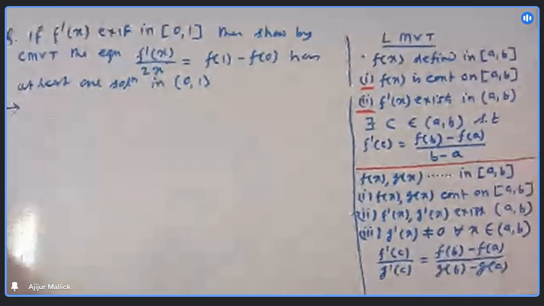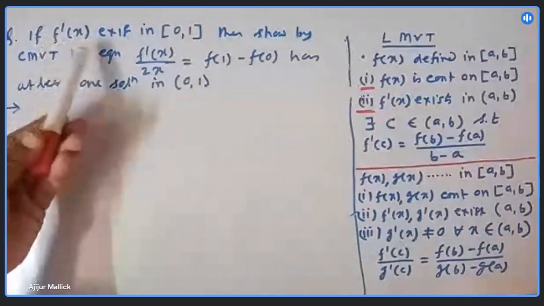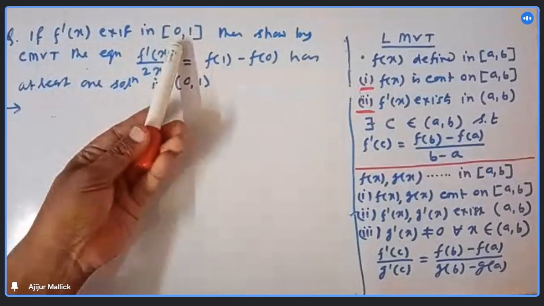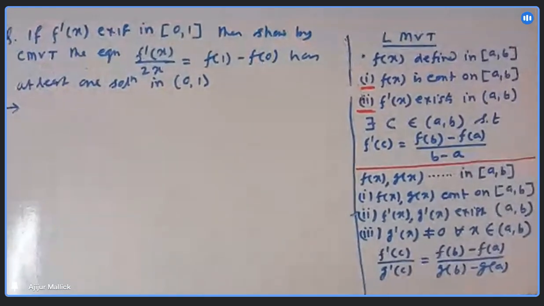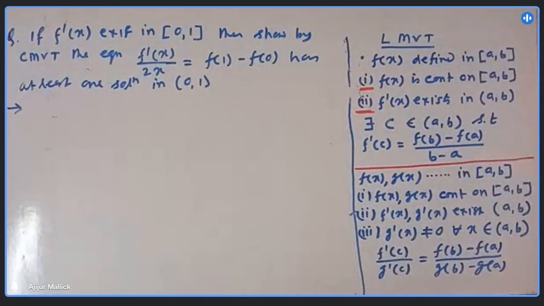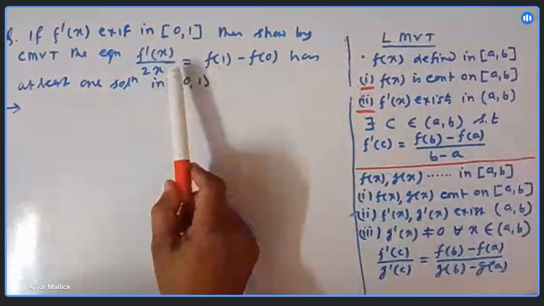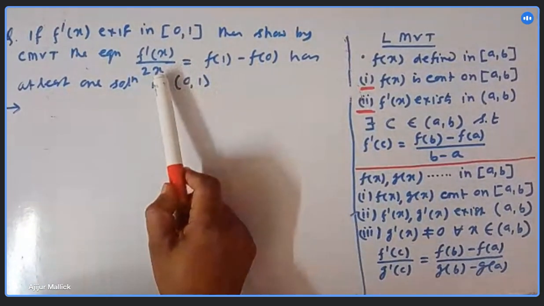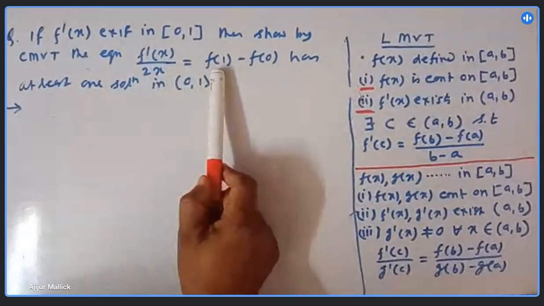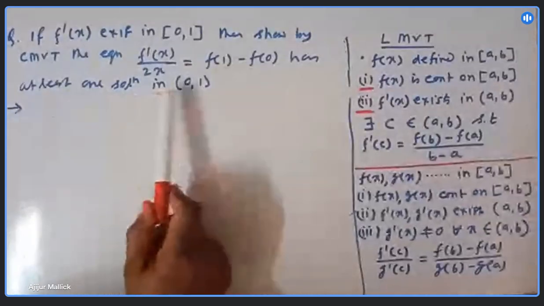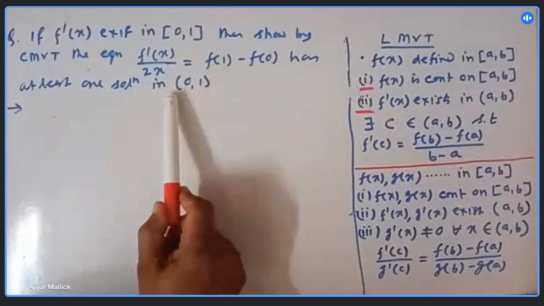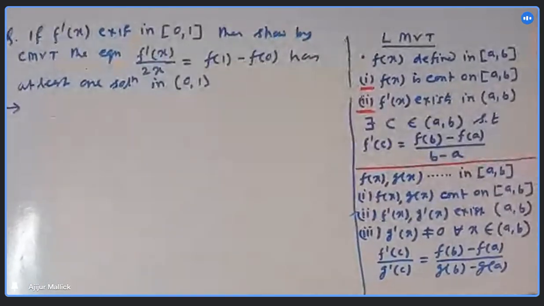that f dash x exists in closed interval 0, 1, and also it is given that you have to use Cauchy's mean value theorem to show that the equation f dash x divided by 2x is equal to f1 minus f0 has at least one solution in open interval 0, 1.